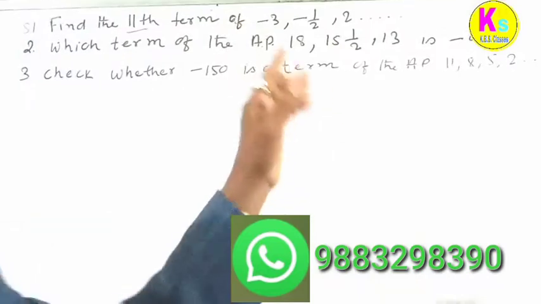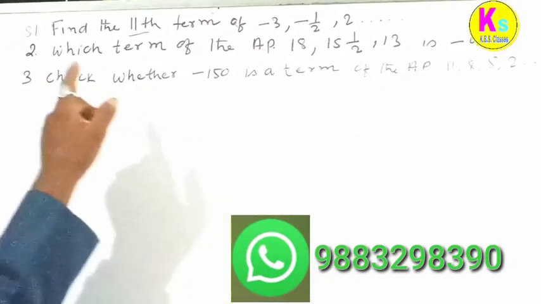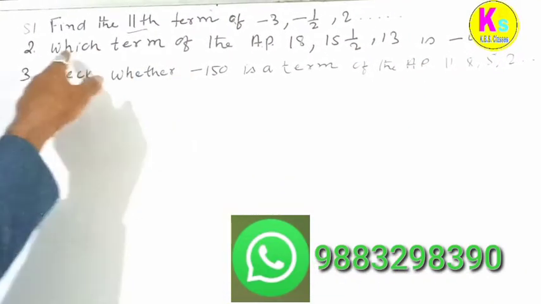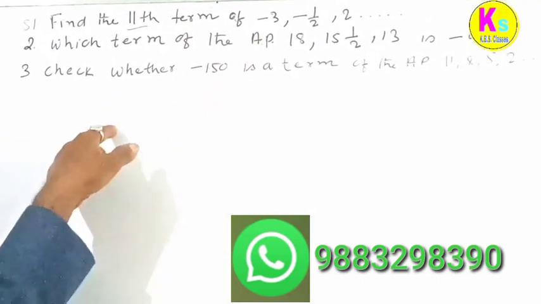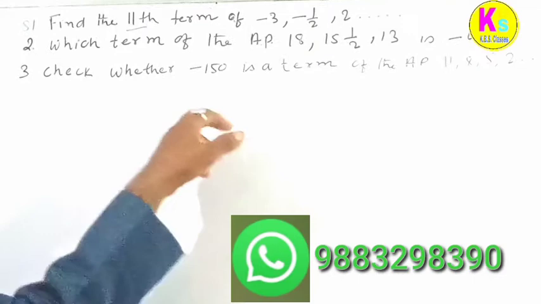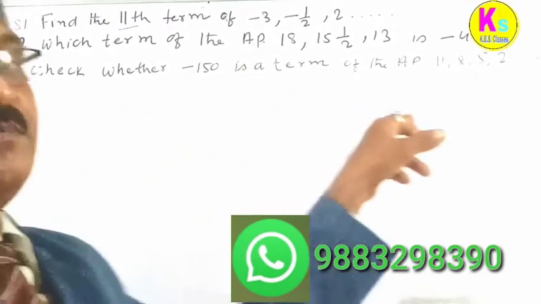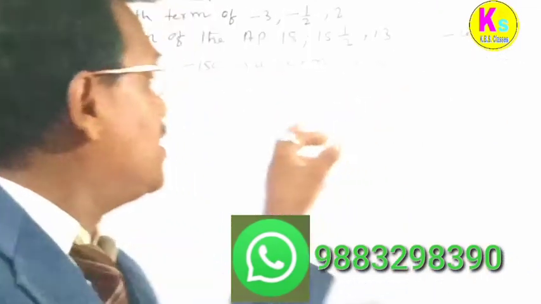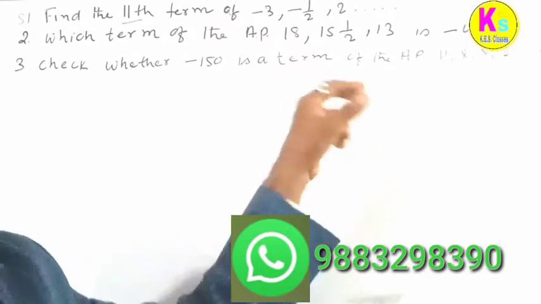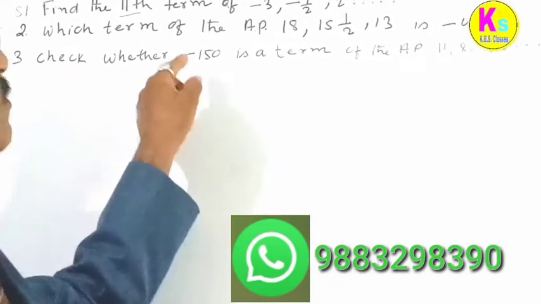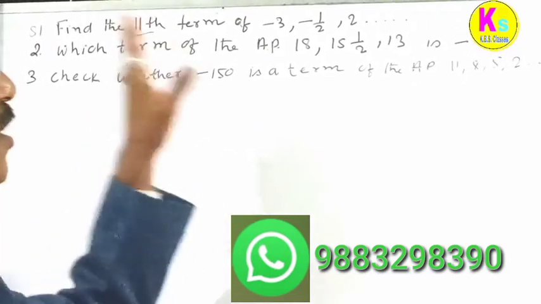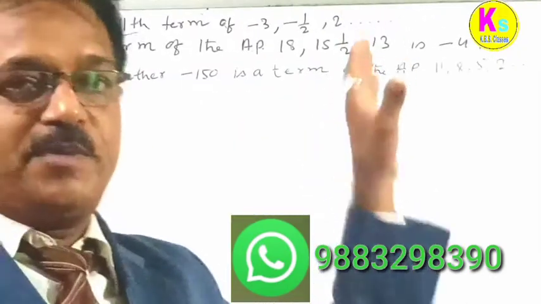So number of terms can never be a fraction. So find out n as we have done in the second sum. Find here the number of terms. If the n which you find in this sum is a fraction, your answer should be no, minus 150 is not a term of this AP.